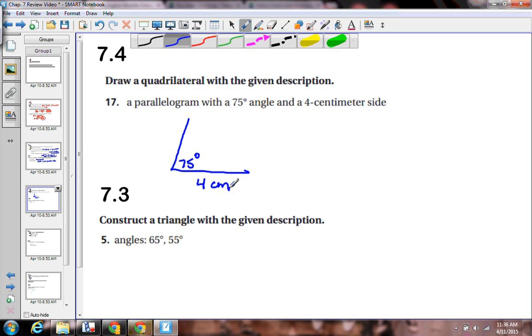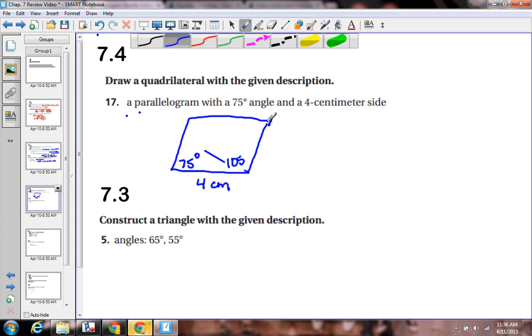And now I need to just make it into a parallelogram by making a parallel side over here. If this angle is 75 degrees, then this angle needs to be the supplement of that, or 105. So from this vertex, I would measure 105 degrees, and it should look parallel to 75. And then we need to make sure our top is parallel to our base, and it should be 4 centimeters also. So yours would be a lot neater because you'd be using a ruler and a protractor.